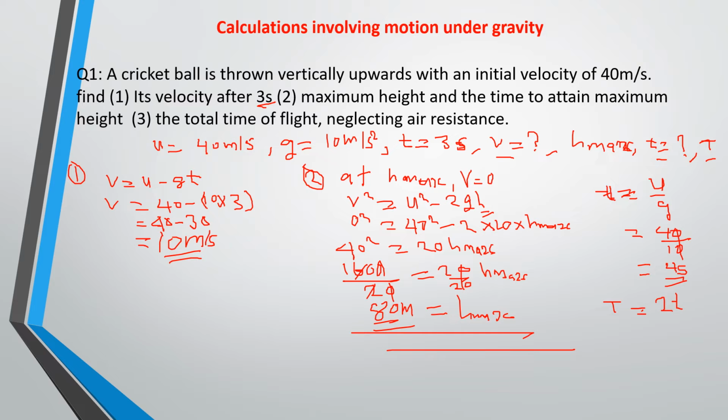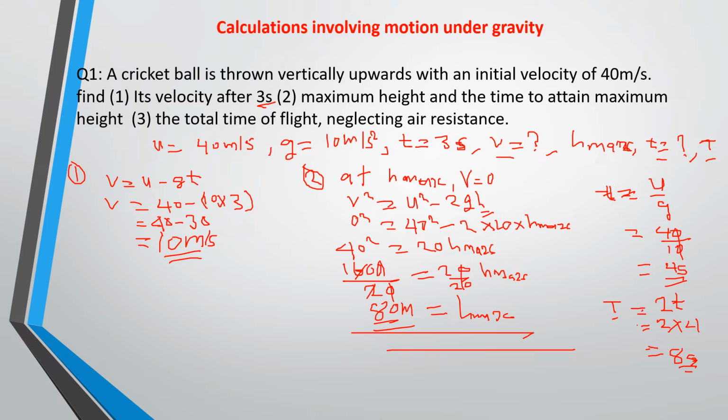That is 2 times the time to attain maximum height, because the time to attain maximum height is equal to the time to come down from that height to ground zero. So the two times are equal, you just multiply by 2, so that you have 2 times 4, that will give you 8 seconds. So this is your total time of flight.